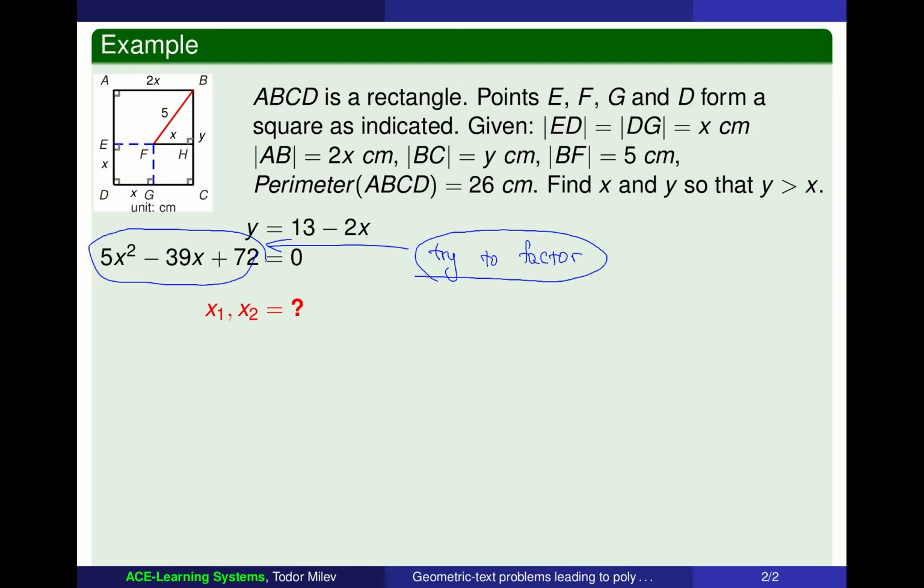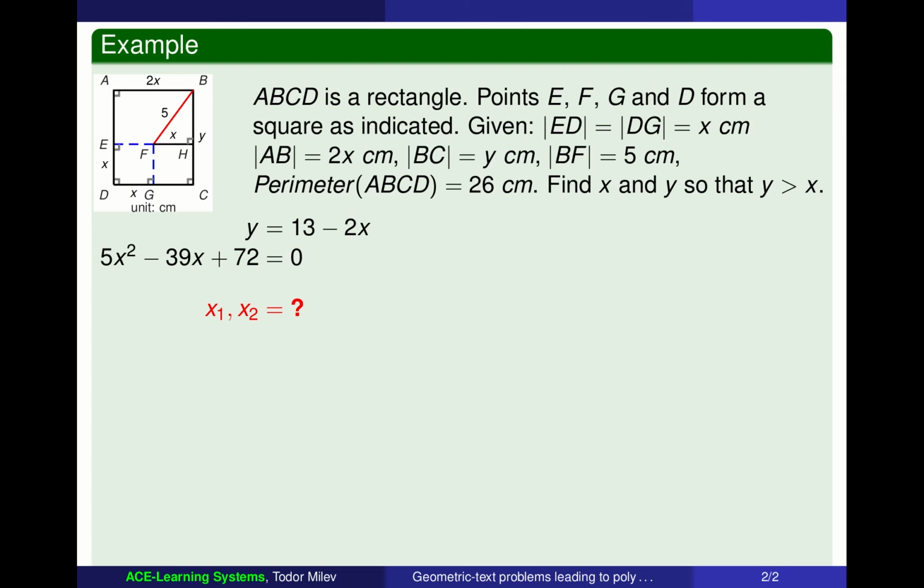So I do challenge you to pause the video right now and try to factor this quadratic. However, I personally will not take up that challenge. That may be too difficult a challenge for me. So I will just use the quadratic formula. But if you are brave, you can try to solve that quadratic without the quadratic formula right now.